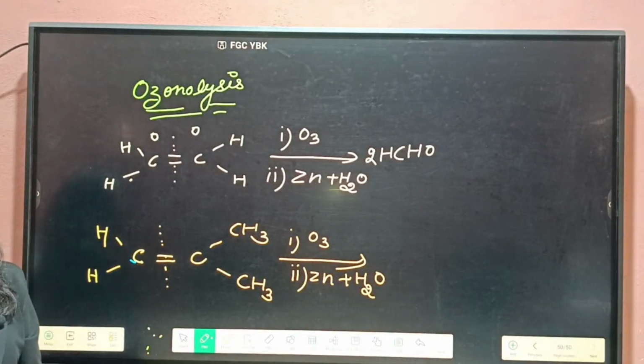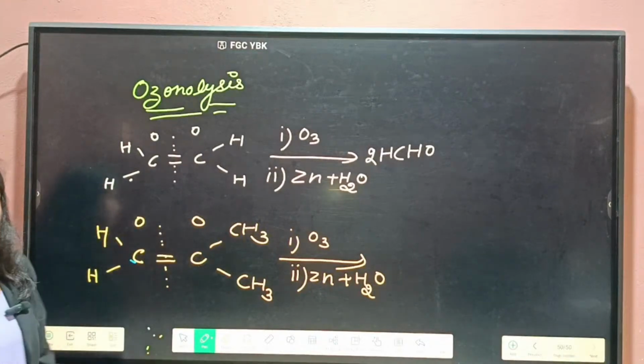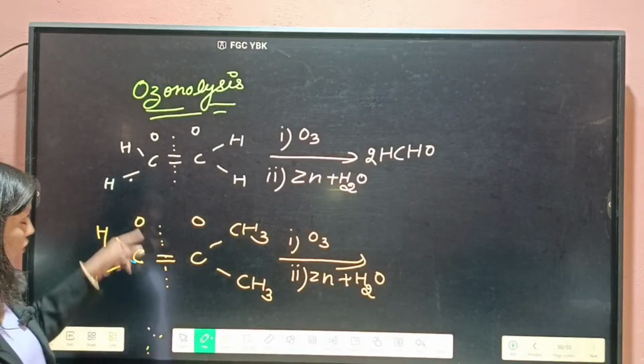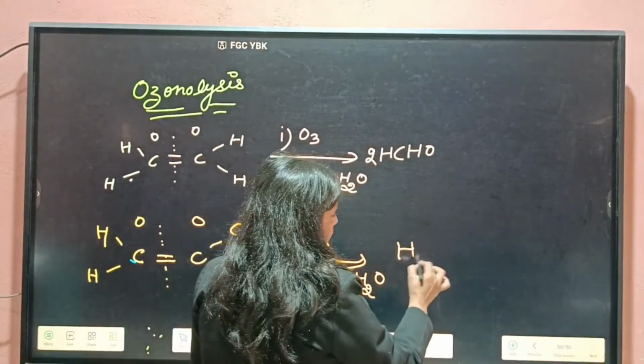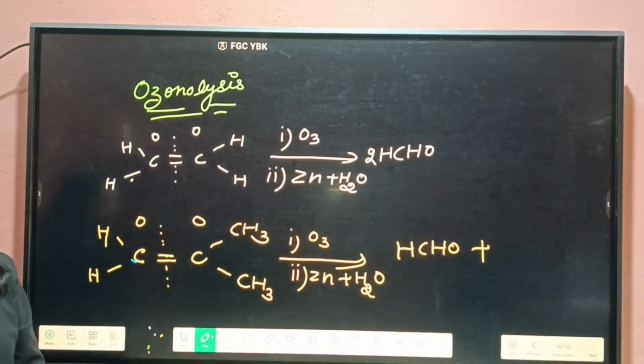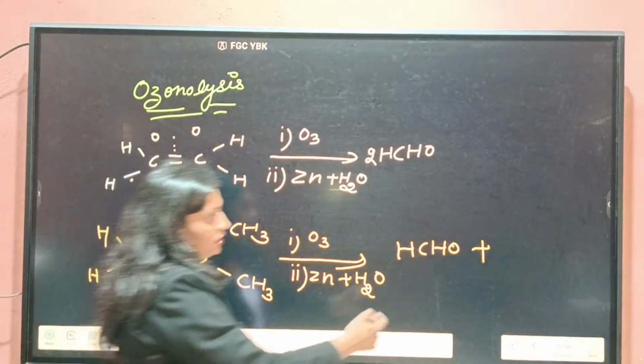Break this bond. Give one oxygen to this one and one oxygen to this one. Clear? HCHO. From this you are getting aldehyde, and from here CH3CO, CH3.